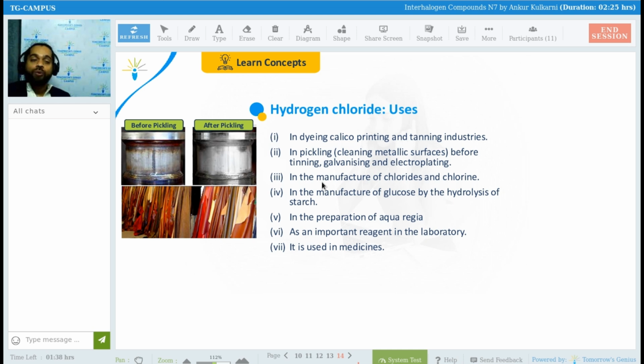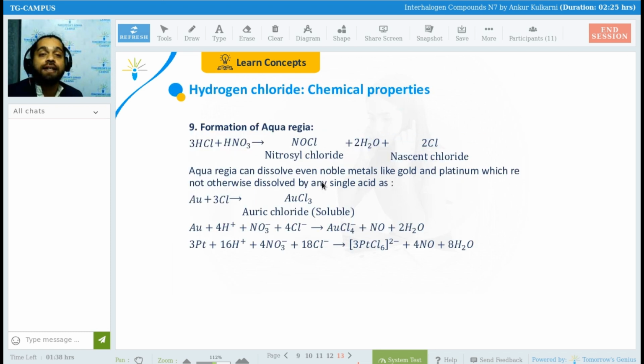Aqua regia is very strong. Why is it very strong? Because aqua regia is a 3:1 mixture of acids, that is 3 parts of HCl. If I take 4 ml, in that 3 ml will be HCl and 1 ml will be HNO3. So it is a mixture of the strong acids HCl and HNO3.